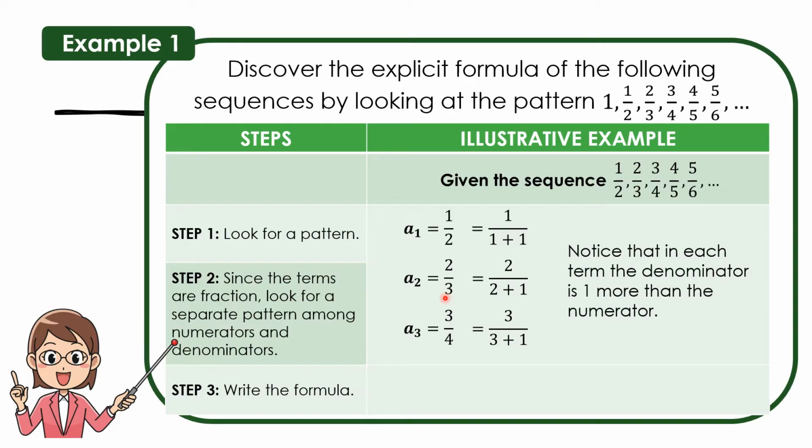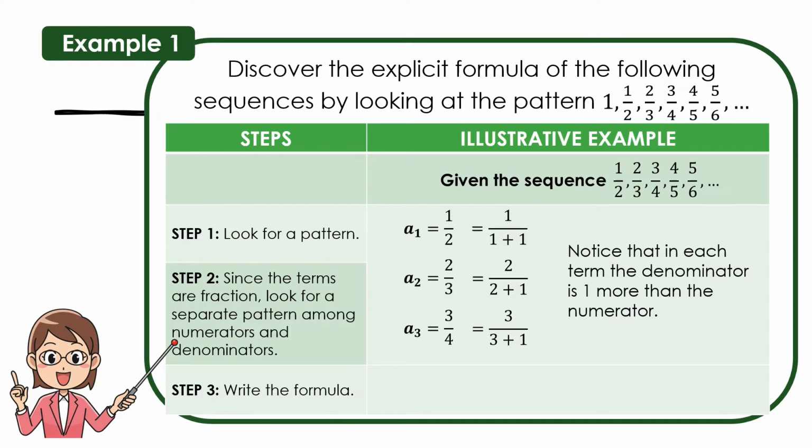And also the third term we have 3 over 4. We can also write this one as 3 over 3 plus 1. Also, 3 plus 1 is also equal to 4.